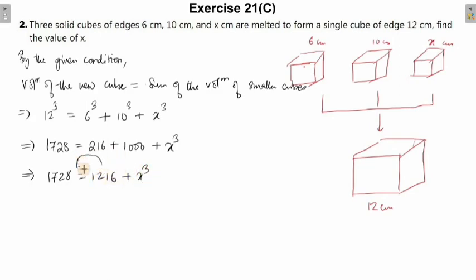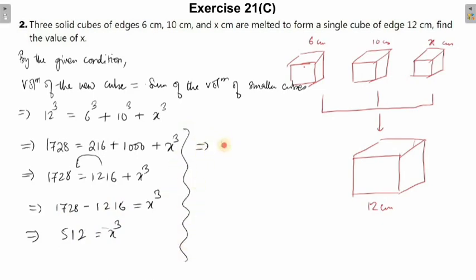So bringing this over, you get 1728 minus 1216 equals x cube. When you simplify this, 8 minus 6 is 2, 1 minus 1 is 1, 7 minus 2 is 5, so you get 512. So basically x cube is equal to 512, isn't it?